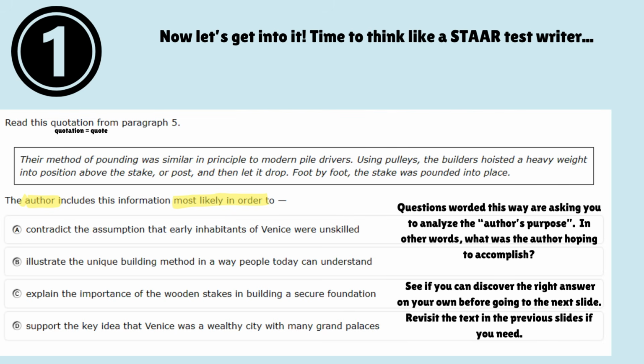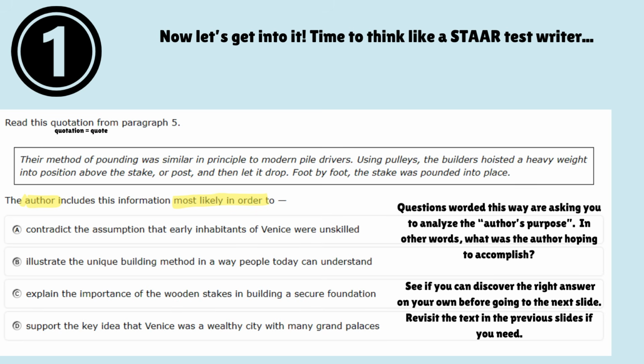So before we look at the answer choices, notice that I've highlighted the author and most likely. Questions worded this way are asking you to analyze the author's purpose. That's one of the standards that the state of Texas says that students in the 9th grade have to learn, to analyze the author's purpose. In other words, what was the author hoping to accomplish when the author wrote these words?